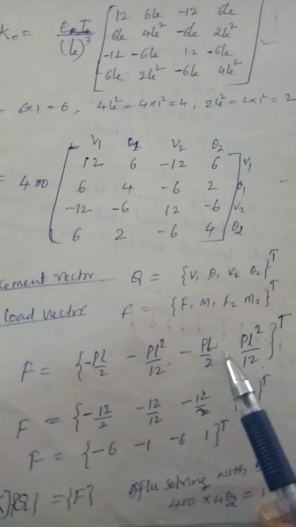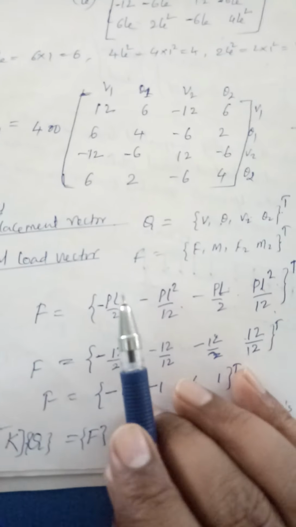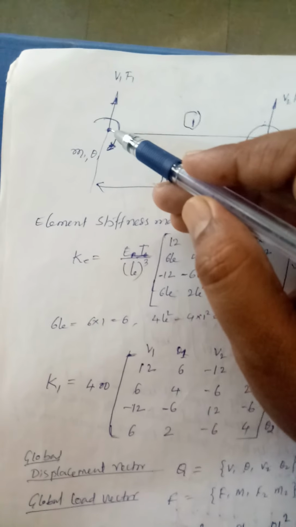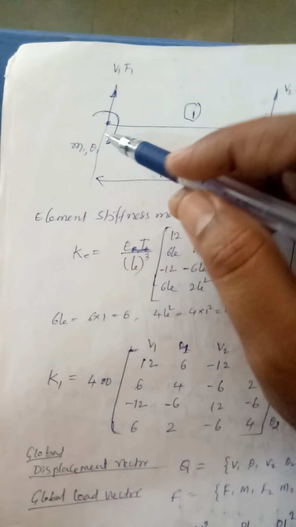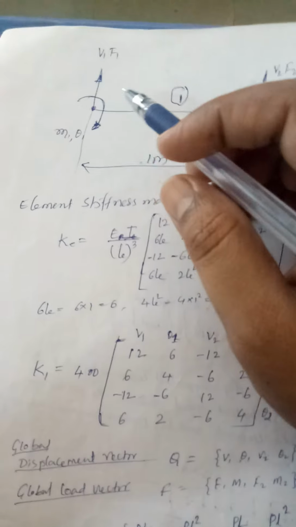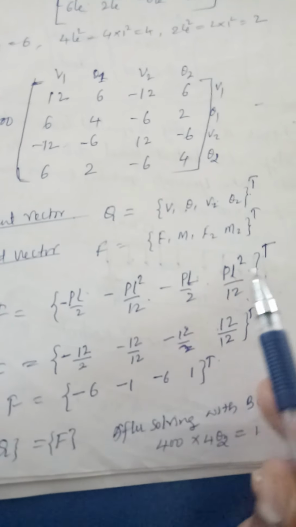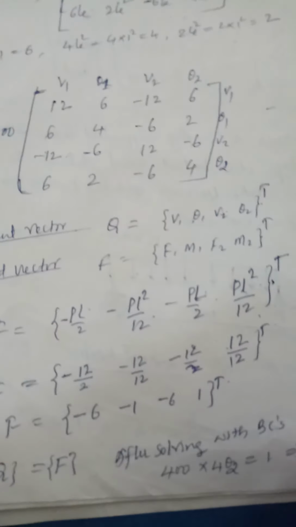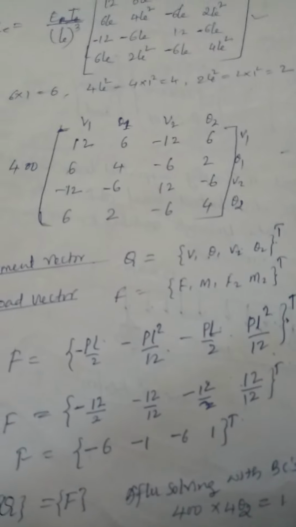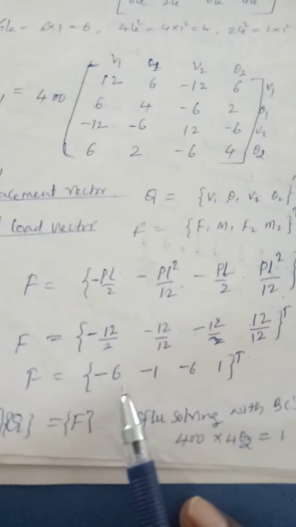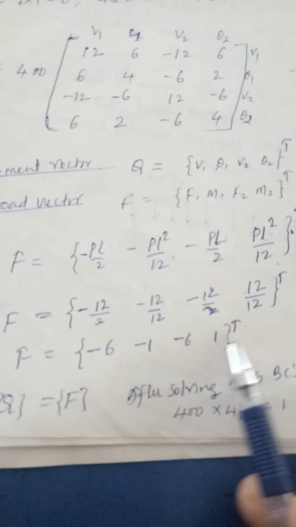The minus sign depends upon the rotation: if the load is applied here, how it bends, clockwise or anti-clockwise, depending upon that the sign is constructed. But for any beam element subjected to vertically downward loads, this is a standard: minus, minus, minus and plus. So only the last moment is in the reverse direction of the previous three, hence you have to remember this. After substituting and calculating, you will get this force vector.